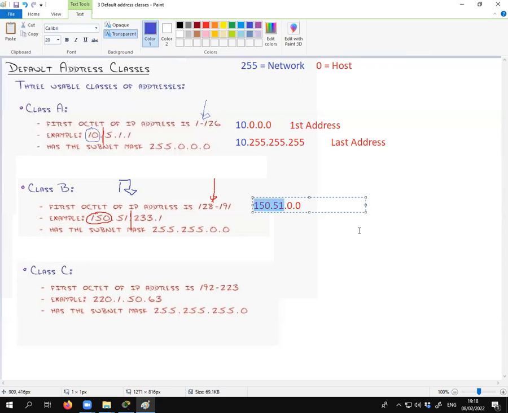Because the first two parts of the IP address are blue because they represent the network. I'm going to try and consistently do the blue part of the IP address as the network part, the red part as the host. There's no rule to say that. I think just some people find it easier when they see colors to learn.